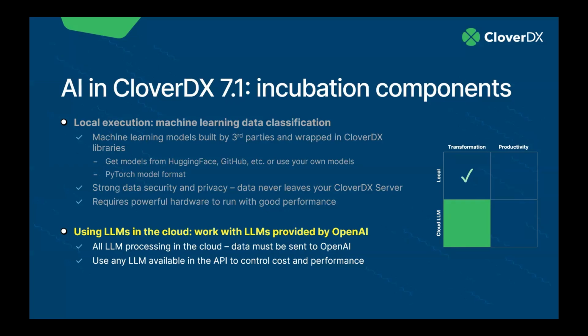In this case, you do not need to have any extra hardware, right? Because only small processing happens within Clover, and the heavy lifting, the actual LLM, runs in the cloud. But on the other hand, of course, there's a cost associated with this because you will be paying OpenAI and you have to have an account there to be able to use this functionality.